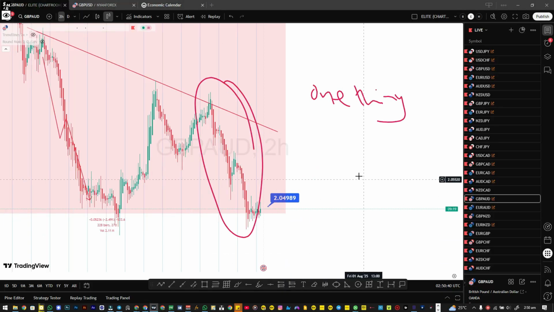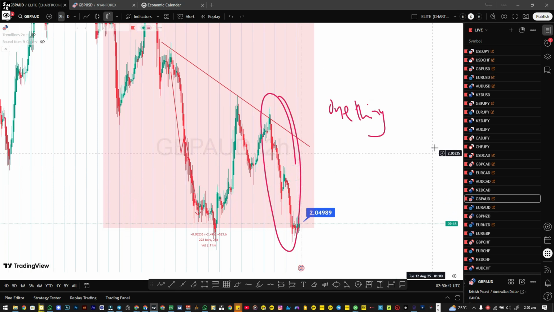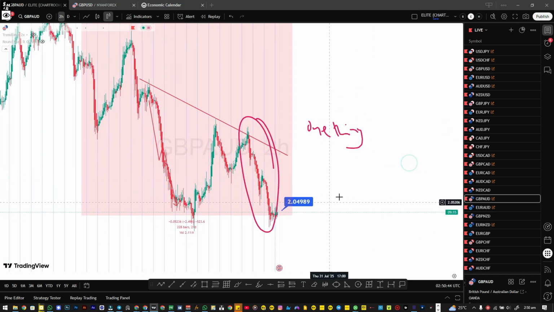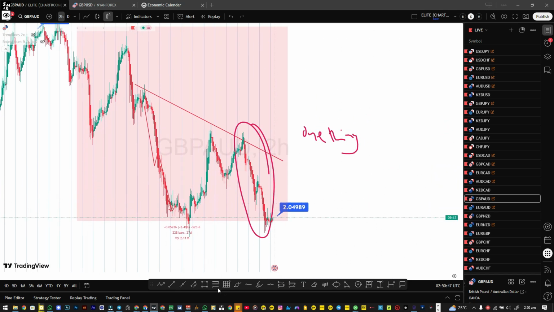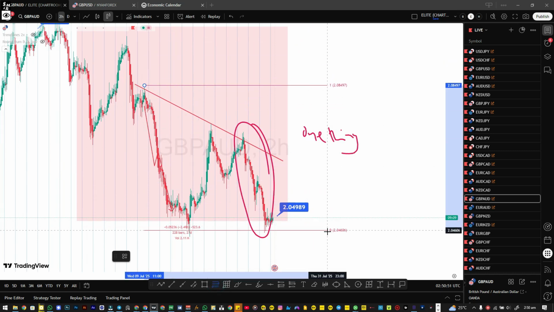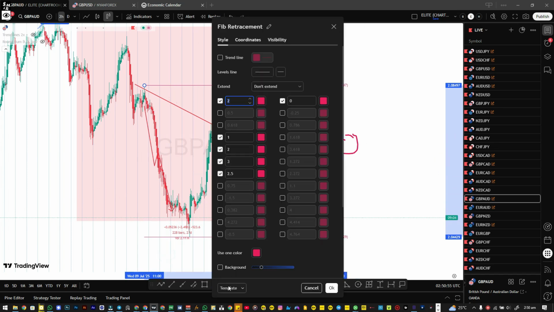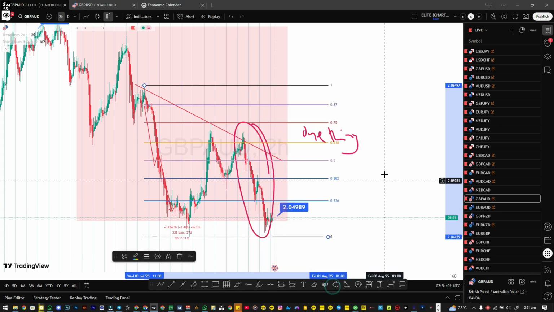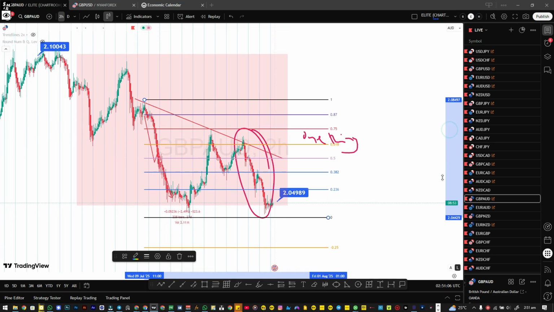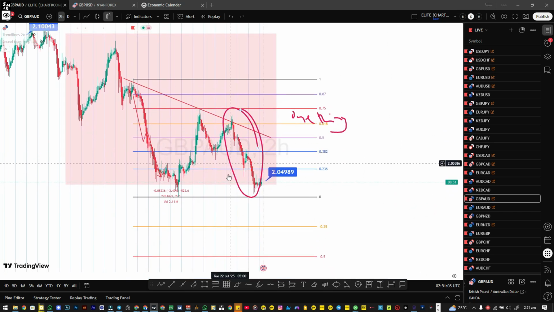So let's say there will be a fib trader here, right? They pull their fib this way. My fib is normally set differently, that's why. So we have this market move from 0, with this swing high, swing low, right?